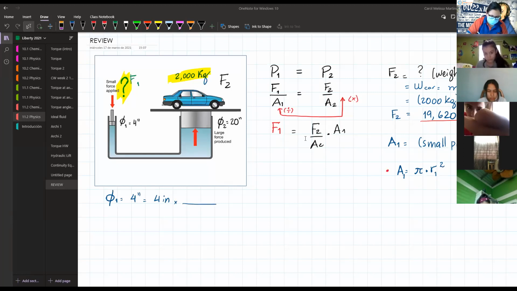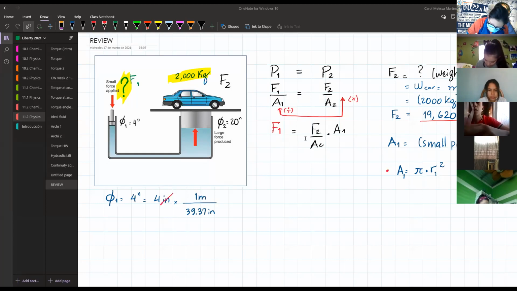How many inches are in 1 meter? 39.37 inches that you have in 1 meter.